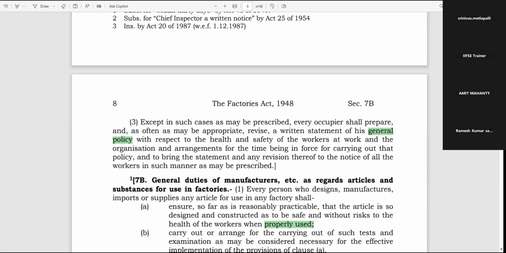So you can form it and also do some revisions and reviews. Whenever any changes happen, they have to be brought to the workers' attention. Okay.